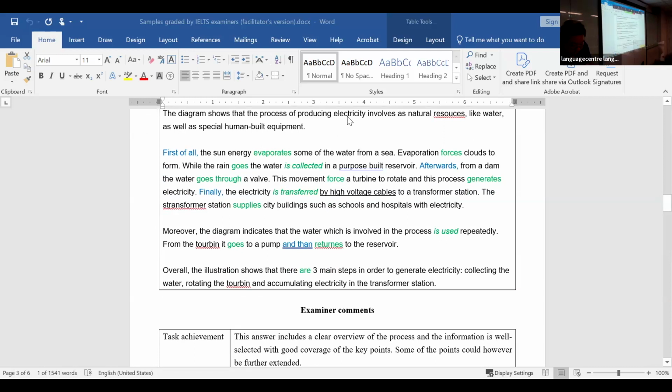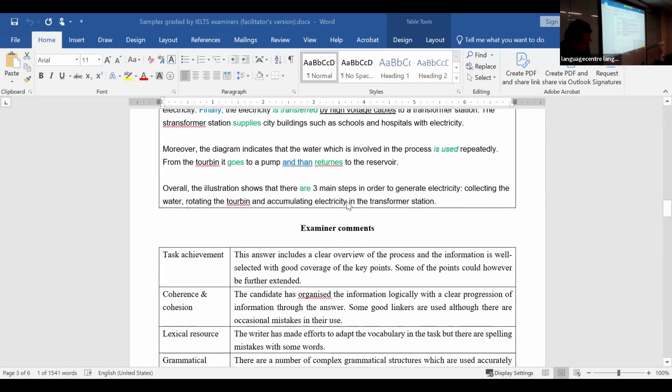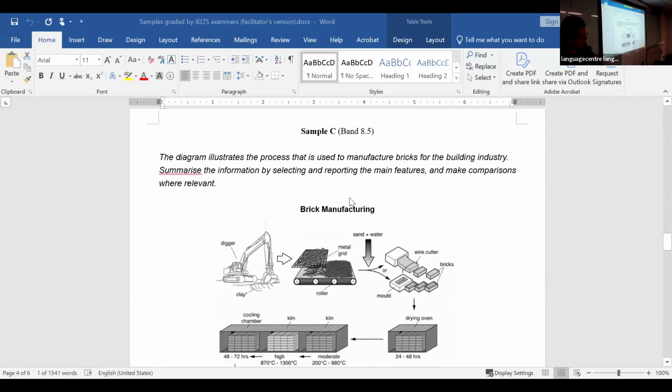I can send you my annotation to you through email. But because of the time limit, I think it would be better for me to show you this. This is a sample scoring band 8.5. Okay, almost full marks in the IELTS writing exam.